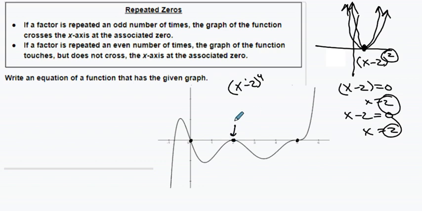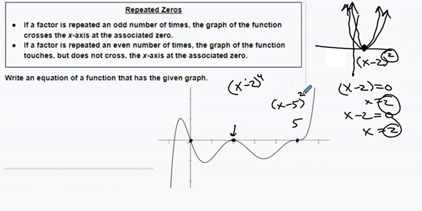The other thing we don't know is when a factor is repeated an odd number of times. So let's say we have this right here. We would look at that and say that's 5, so it has to be x minus 5. But we know it's not squared, because if it were squared, it would go up like this.